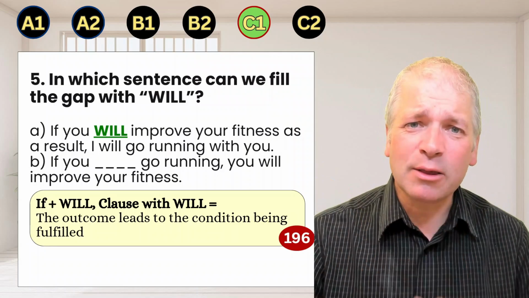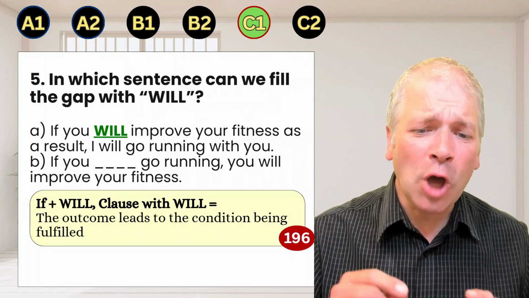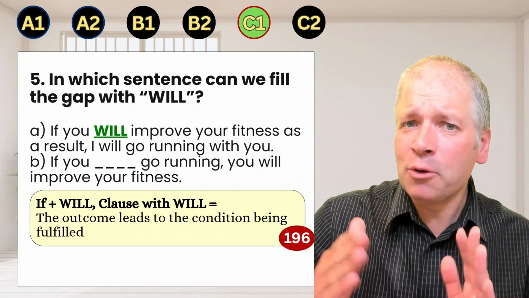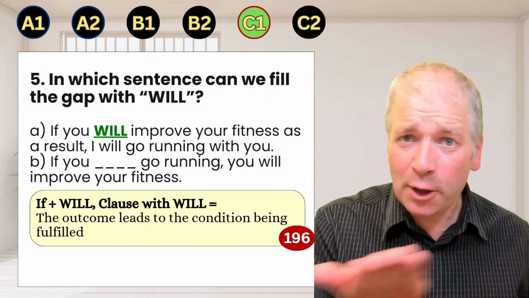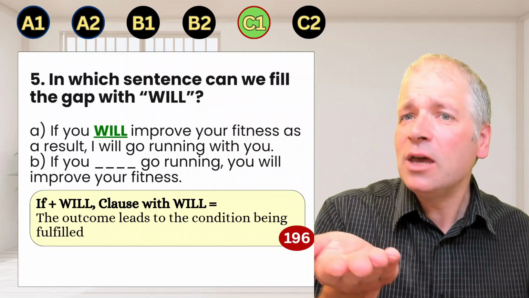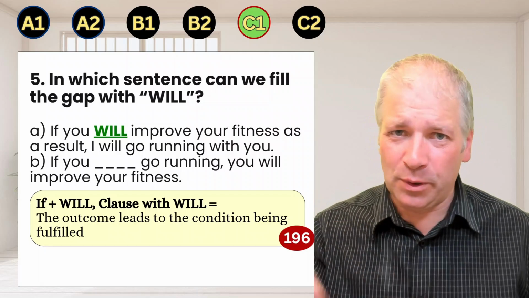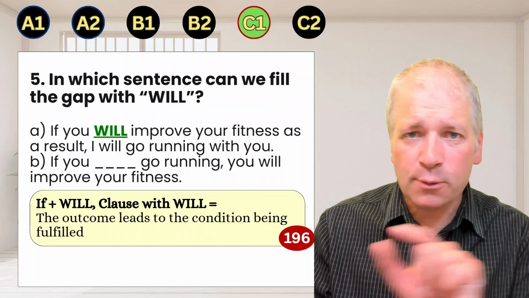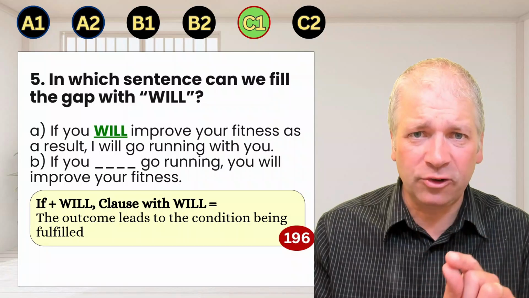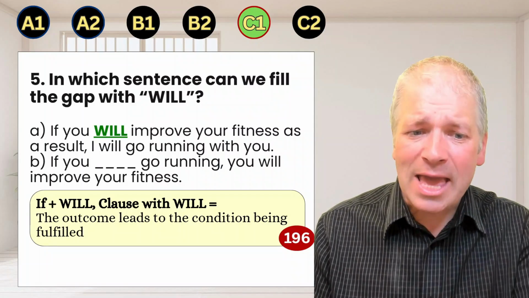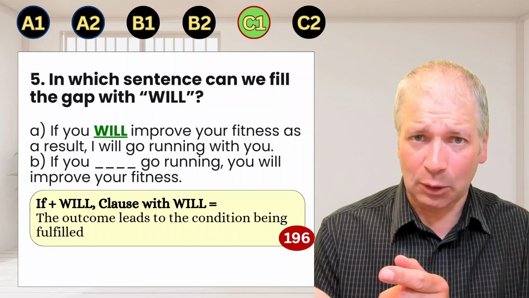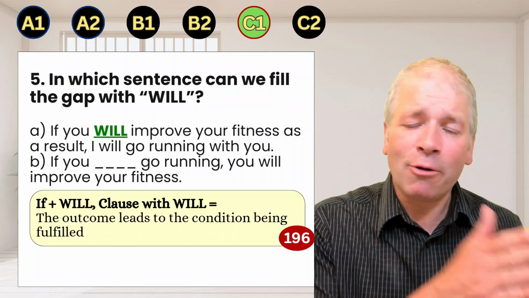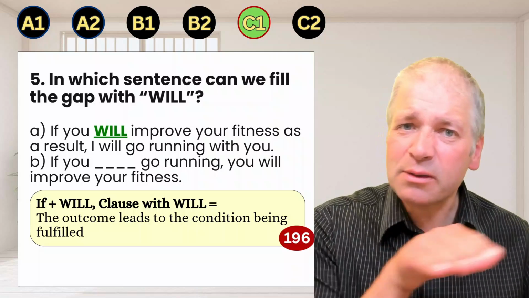Normally, sentences work like B. If you go running, you will improve your fitness. So go running is the condition that comes first. If yes, then your fitness improves afterwards. That's B. We don't use will in the if clause in those situations. But in A, the running will happen first. That's in the second clause. But improve your fitness is in the first clause.